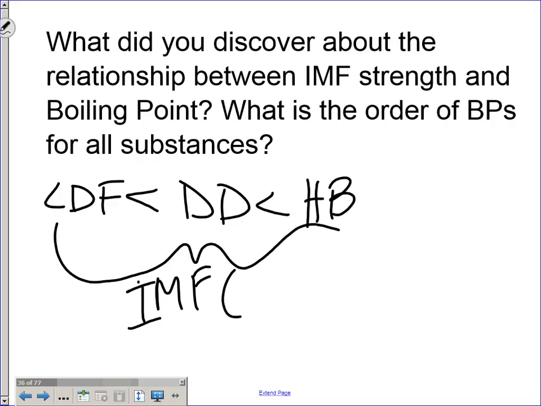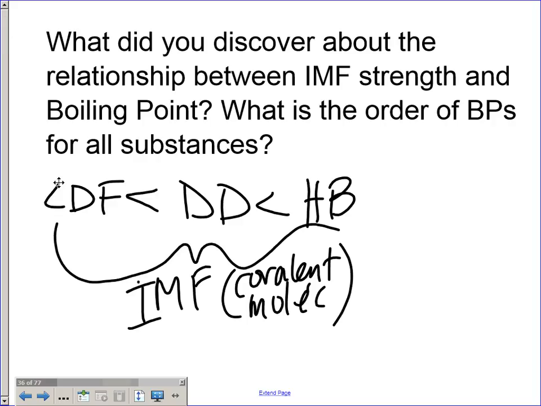But what types of molecules have we been speaking of this whole time? Ionic or covalent? Covalent, right? So these are all covalent molecules. Okay, which of these correlate with polar molecules? Dipole and hydrogen bonding, and this one is non-polar.